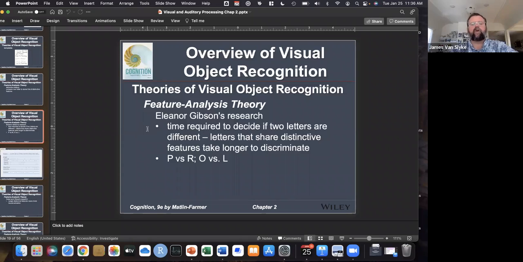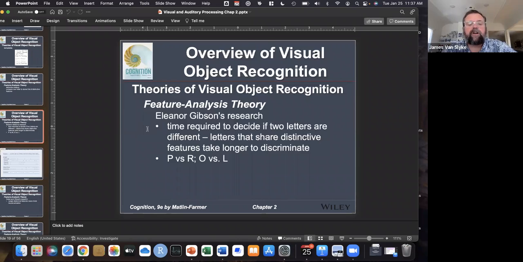So Eleanor Gibson was the first one to look at how people may make distinctions between letters. What she looked at was the time required to decide if two letters are different. And what she found is that letters that share the same distinctive features take longer to discriminate.